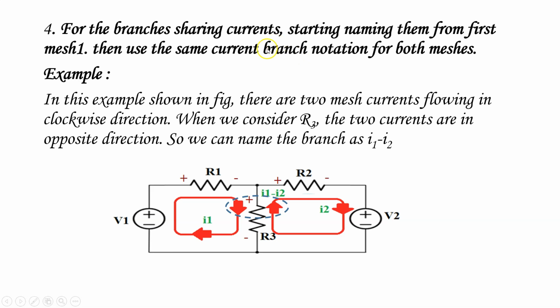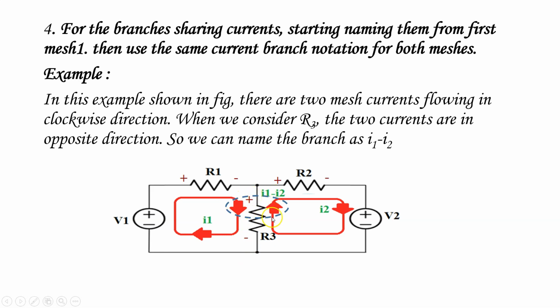This is one method of naming. The other method I will be saying at the last. By this method, I will start with the first mesh and start assigning polarity. Here for this R3, I have mentioned positive and negative, and I will give a branch current name.